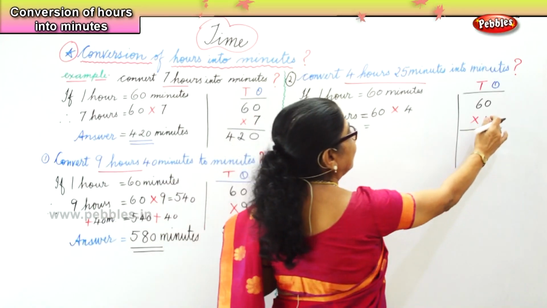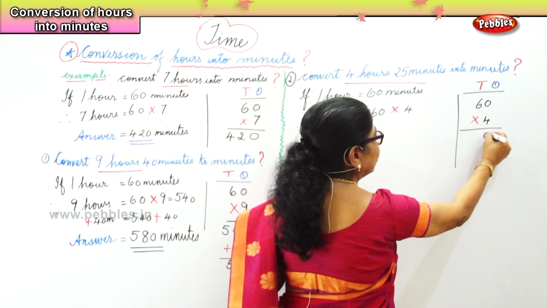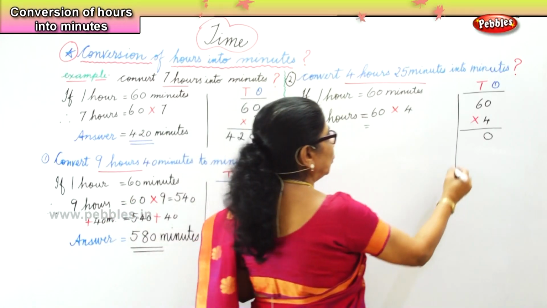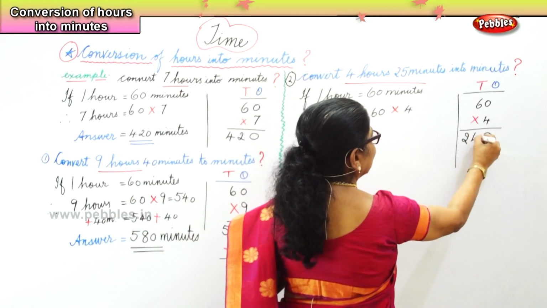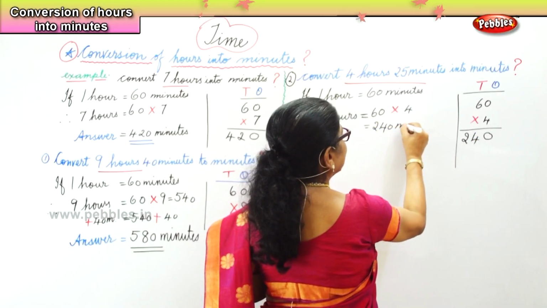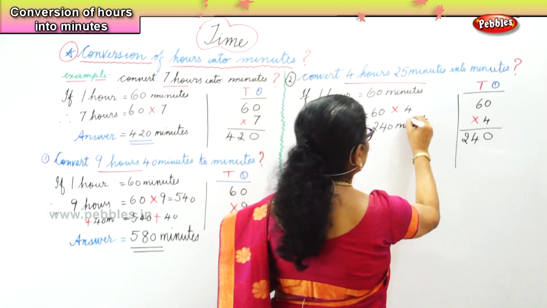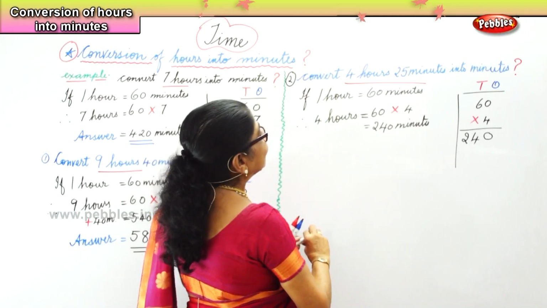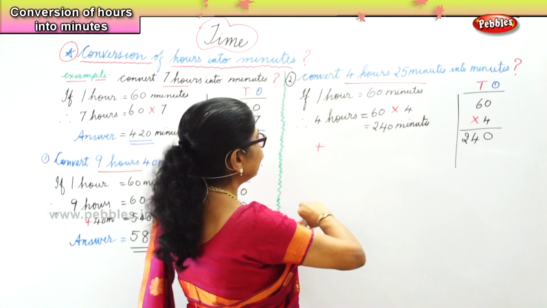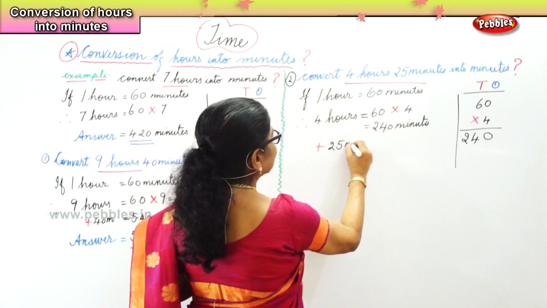Now, any number into 0, the product is 0. 6 fours are 24. So that is 240 minutes. Now we have to add on 25 minutes.